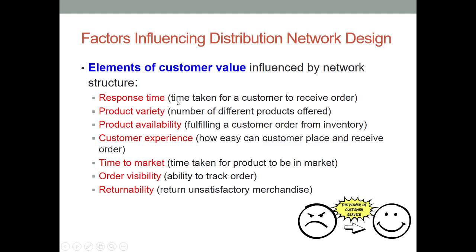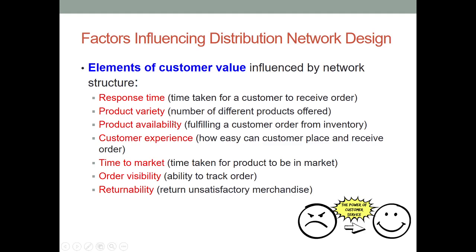How long the customer has to wait to get their products. Secondly is product variety. Product variety is the number of different products offered by the company or the manufacturer.